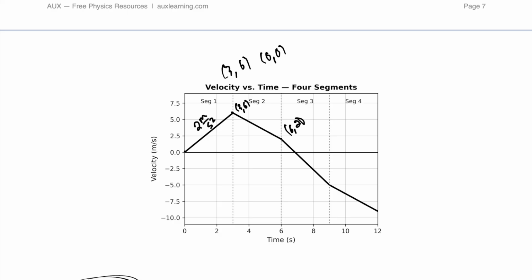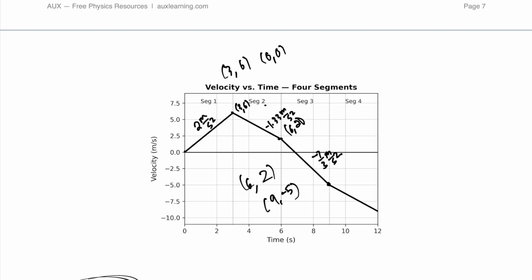You subtract, you get negative 4 over 3, so negative 1.333 meters per second squared. And then over here 6 comma 2 again, and then 9 comma negative 5. So it would be negative 7 over 3 meters per second squared.